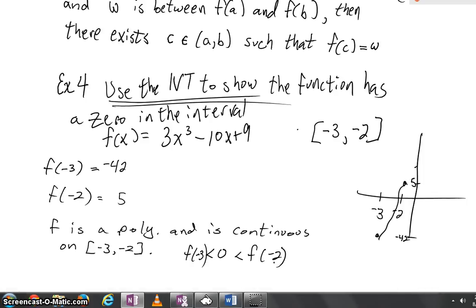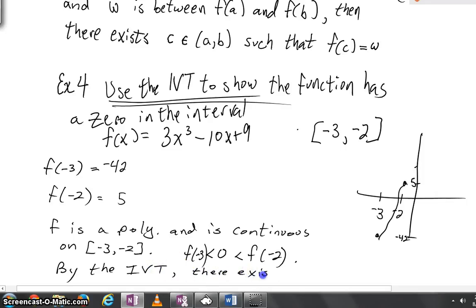Guess what we're going to say now? By the intermediate value theorem, by the IVT, there exists a c value on, well, actually on the open interval from -3 to -2.